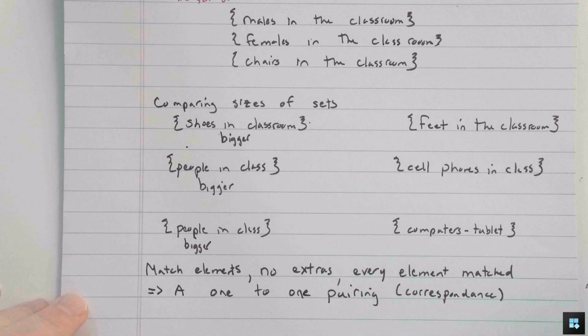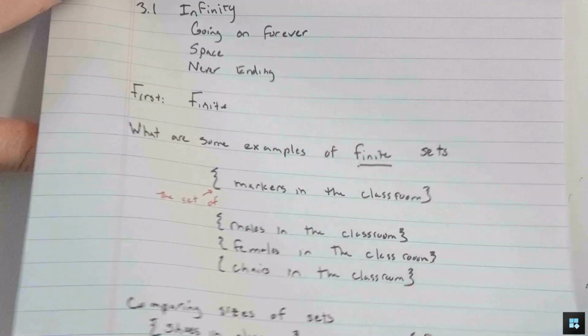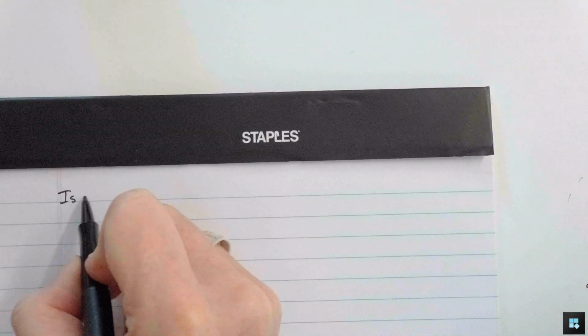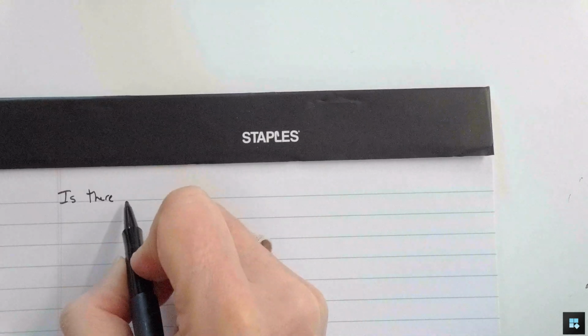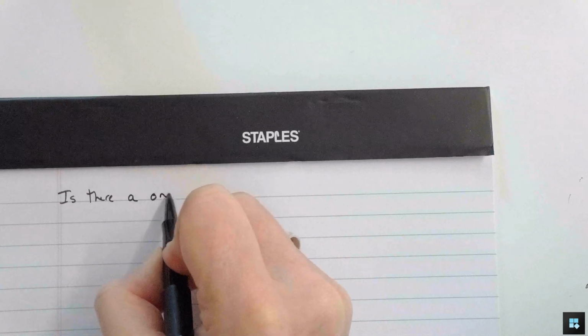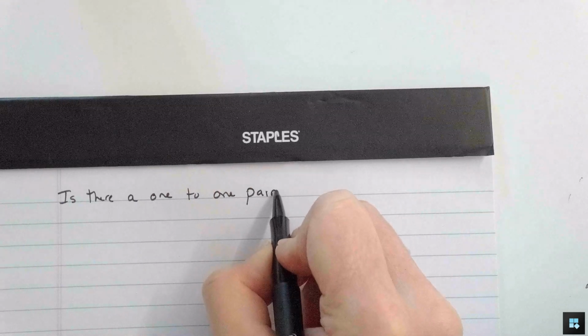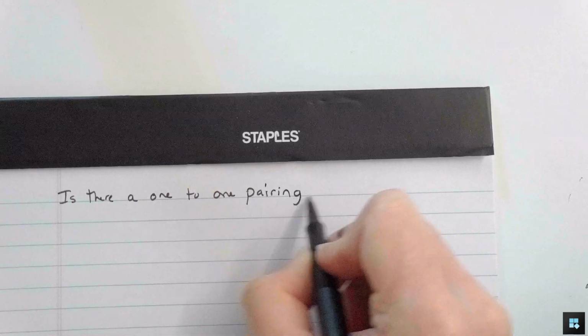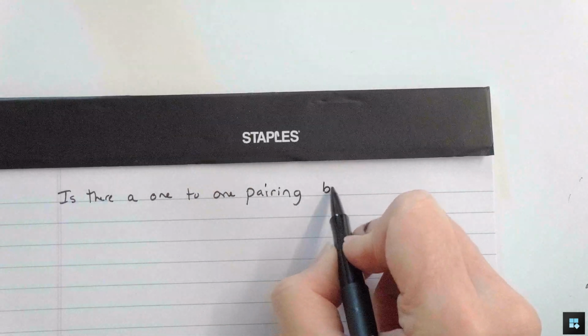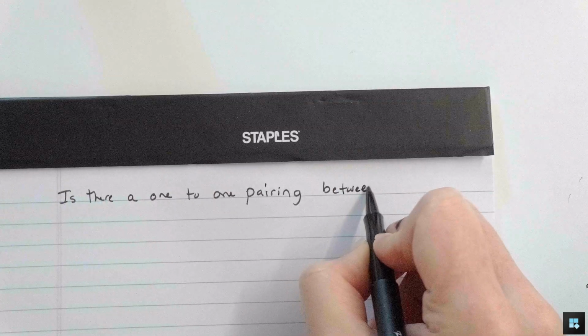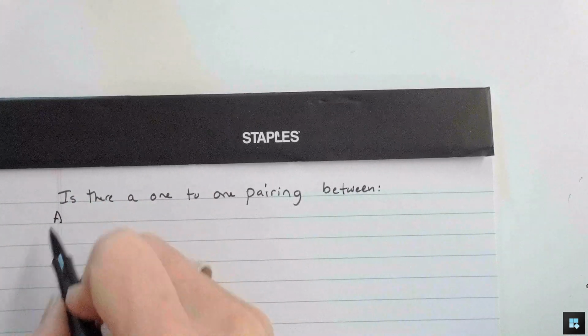So let me put some examples down and you decide if there is a 1-to-1 correspondence between these sets. These would all be good quiz questions. Is there a 1-to-1 pairing between? And then I'll give a couple of different examples.